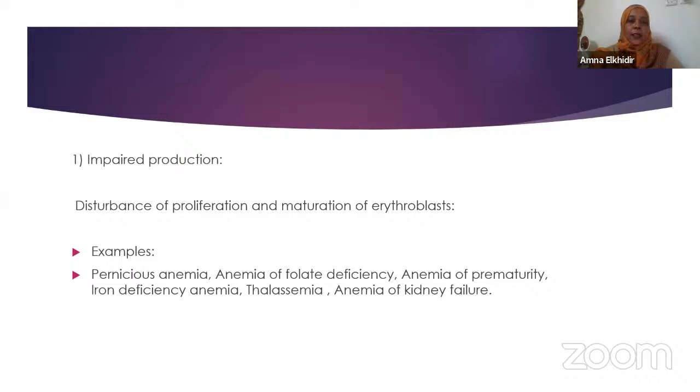And when there is disturbance in maturation of erythroblast, the examples are pernicious anemia, which is vitamin B12 anemia due to intrinsic factor antibodies against the parietal cells of the stomach leading to decreased absorption, and anemia of folate deficiency, anemia of prematurity, and iron deficiency anemia. Also thalassemia and anemia of kidney failure.